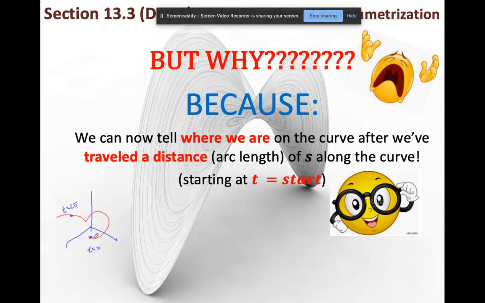But let's say that I knew the arc length. I want to know this position.